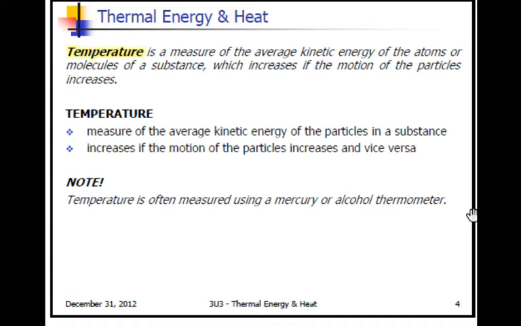So if you're outside on a nice day and it's 30 degrees Celsius, that temperature is the average kinetic energy that the particles in the air have as they touch your skin. So if we increase the motion of those particles, we have greater temperature.